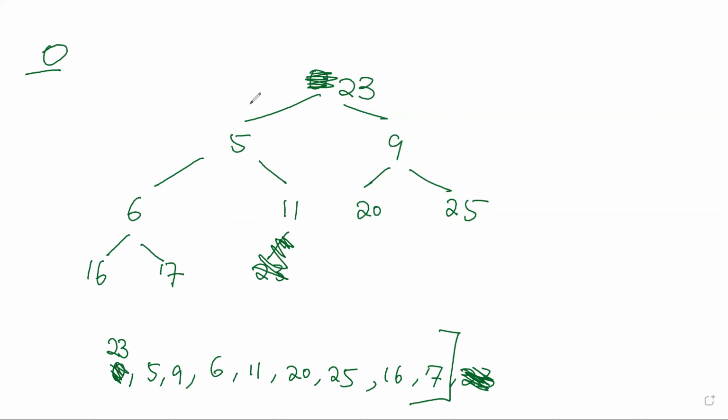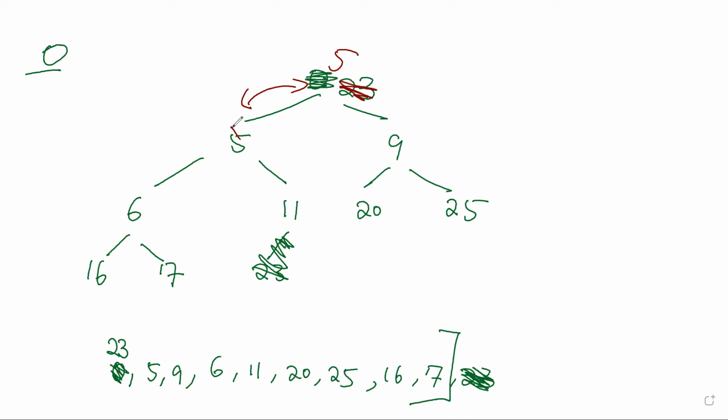So we need to keep swapping with the smaller one between its 2 children. 5 is smaller, so we swap 23 with 5.